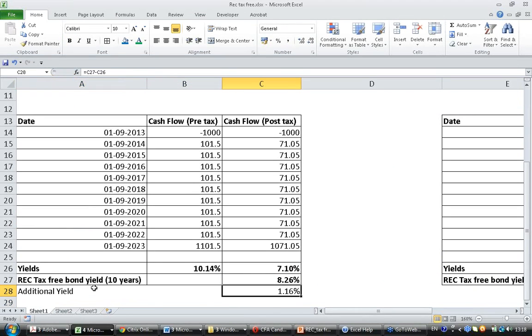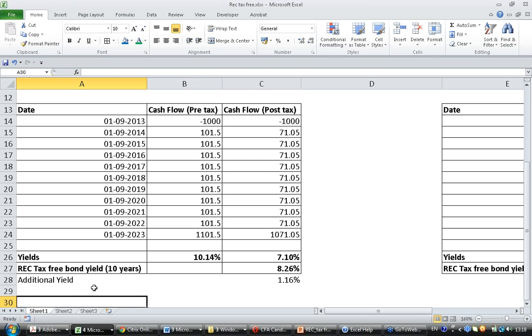So on a post-tax basis, an investor who has a 30% tax rate is likely to earn 1.16% extra, right? So clearly this tax-free bond looks attractive given the current yields.